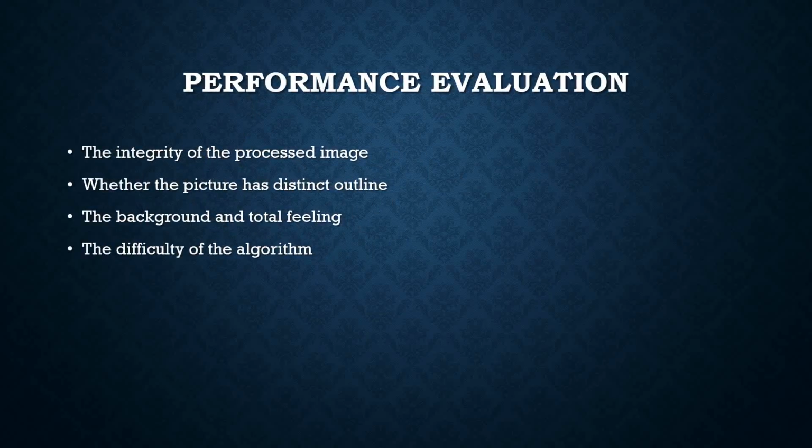Okay, next part is the performance evaluation. My report evaluates 4 parts of the image: the integrity of the processed image, the picture's outline, the background filling, and the difficulty to achieve the algorithm.